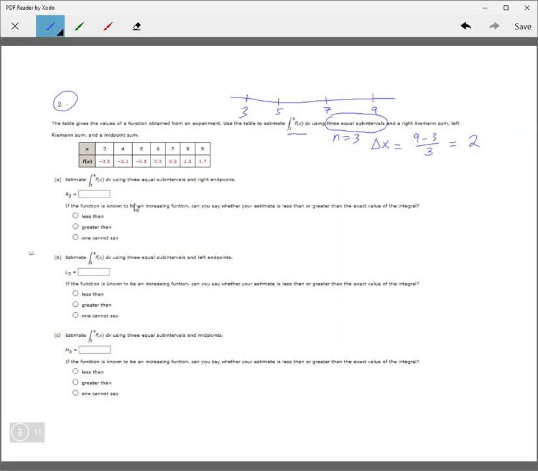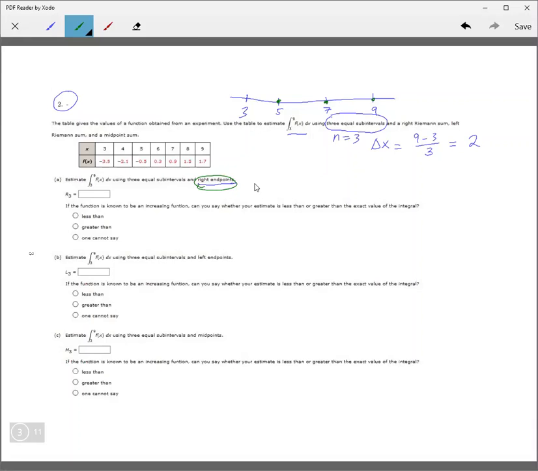Okay, for part A, we're using right endpoints. So let me do this in green. Right endpoints. This is the right, that's the left. For this interval, we're using this point. For this interval, we're using that point. And for this interval, we're using this point.